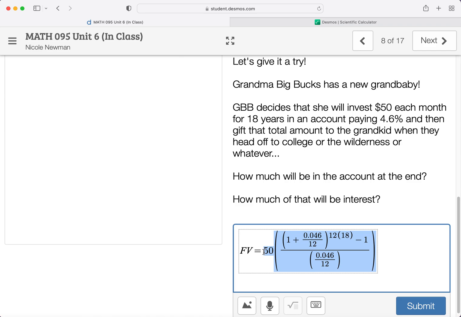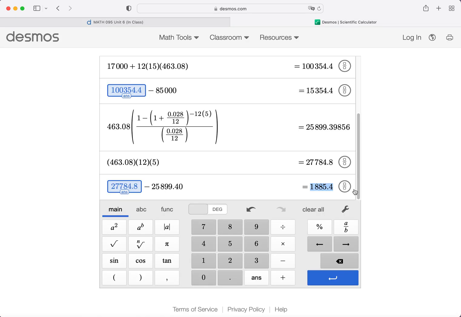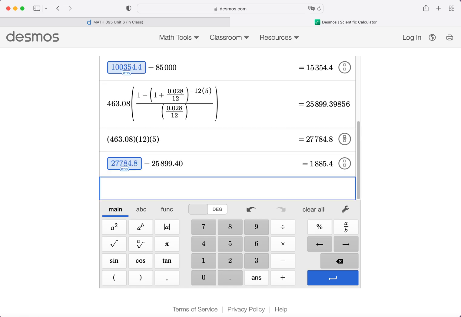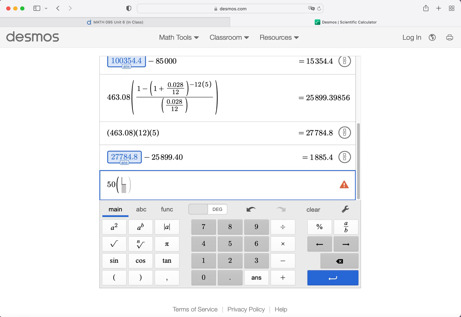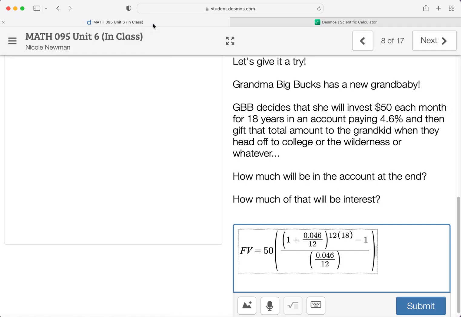If you know all of this, we can head off to the Desmos Scientific Calculator. This time let me pretend we don't have the copy-paste feature. So this was supposed to be $50, and then we have a big fraction. I get the parentheses open, I get the big fraction happening. My interest rate was 0.046, and it's 18 years.